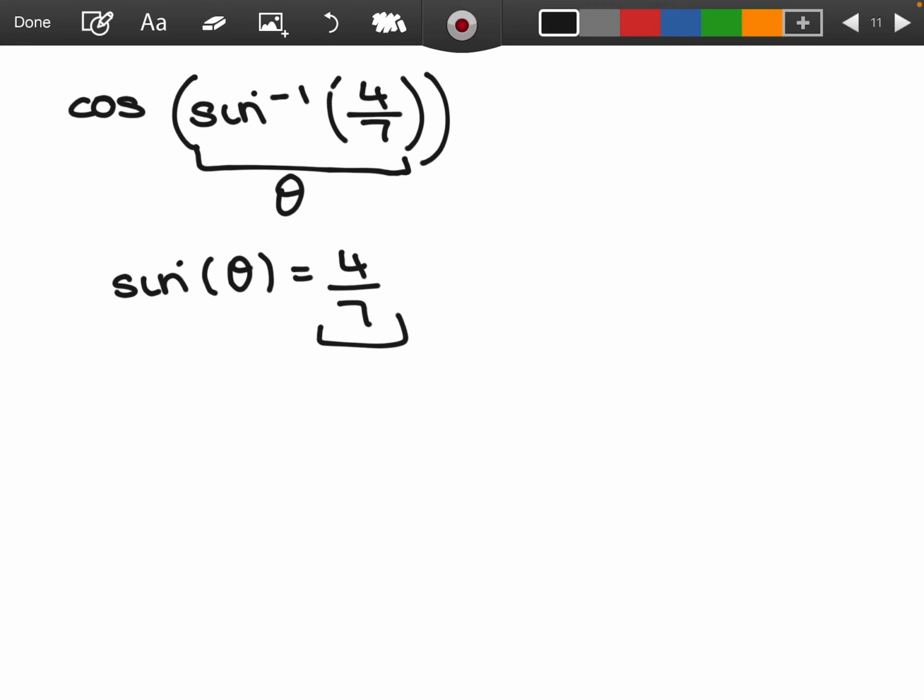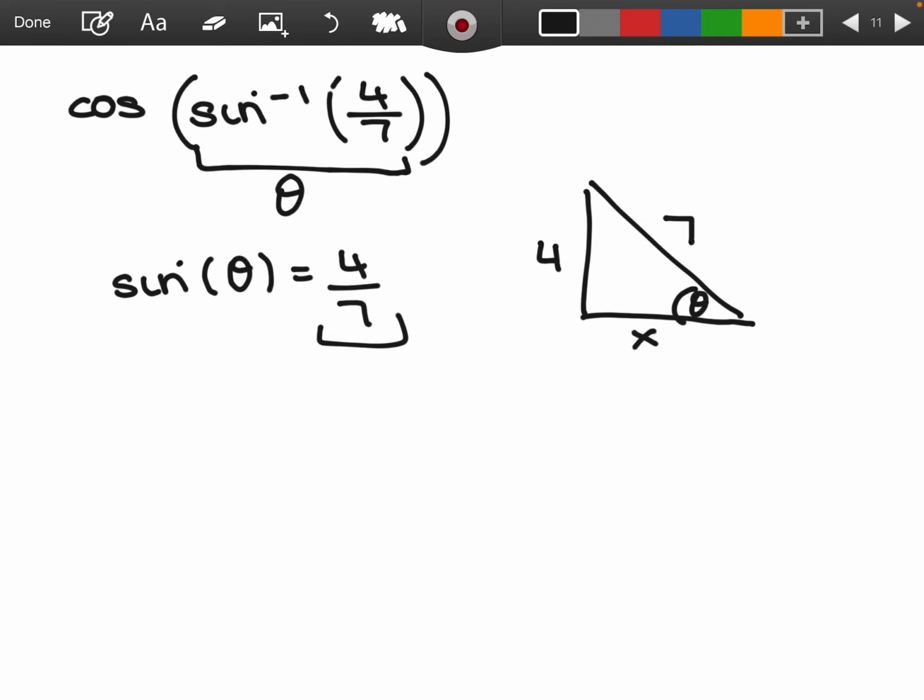Well, we're going to take it back to our right-angled trigonometry. If I draw out this triangle and put theta here, remember sine of the angle was opposite divided by hypotenuse. So the opposite side to the angle is going to be 4 and the hypotenuse is going to be 7.